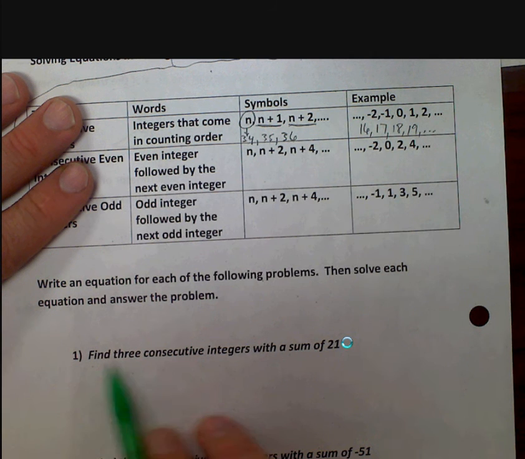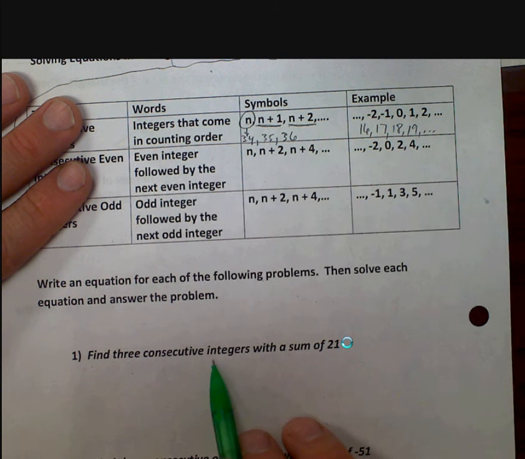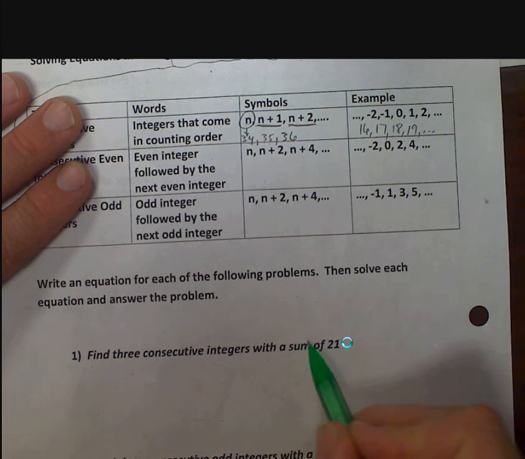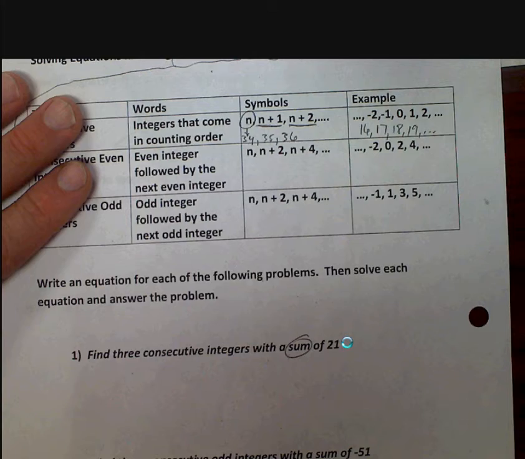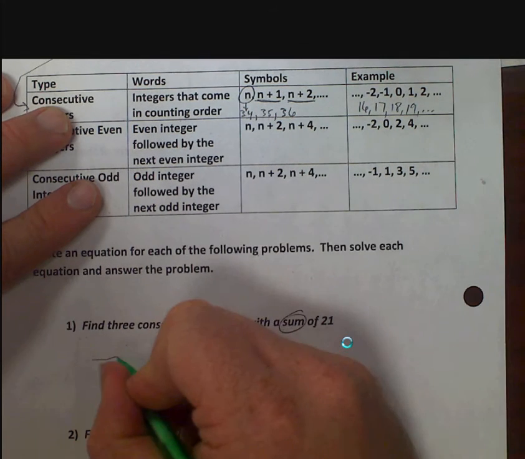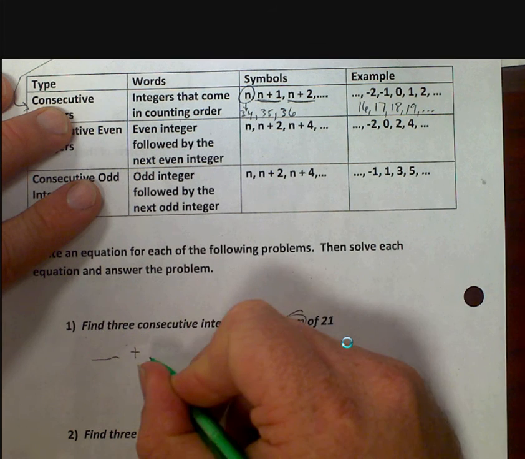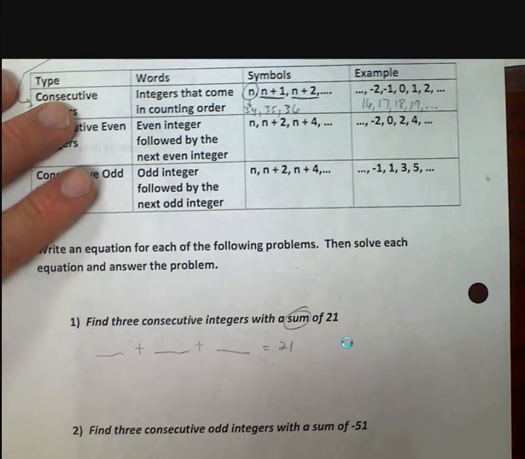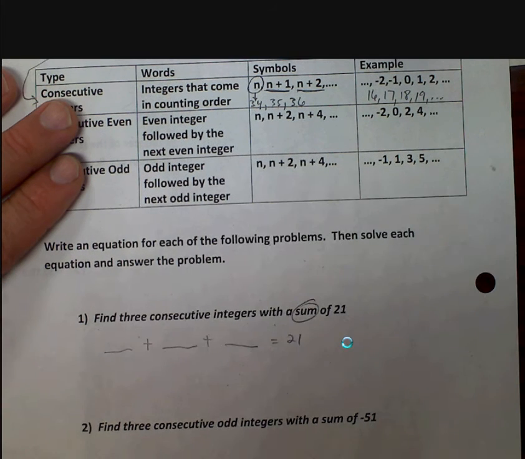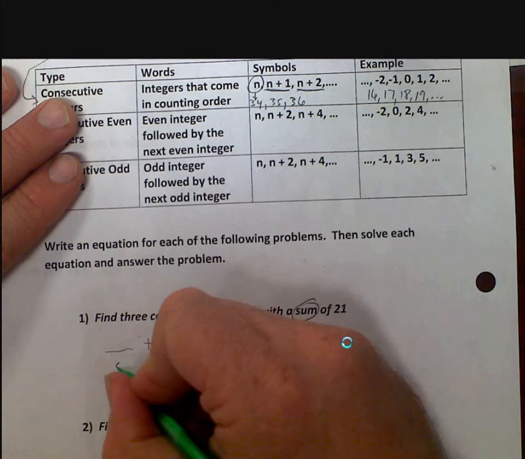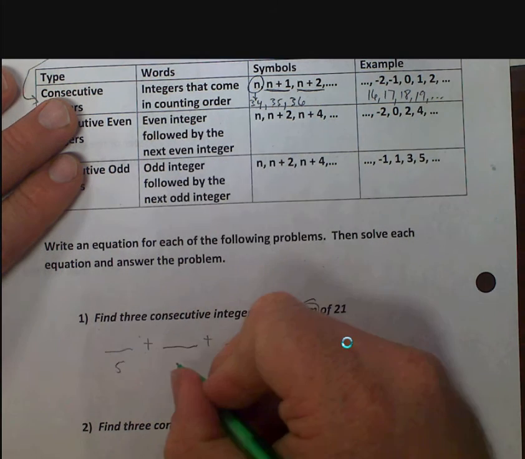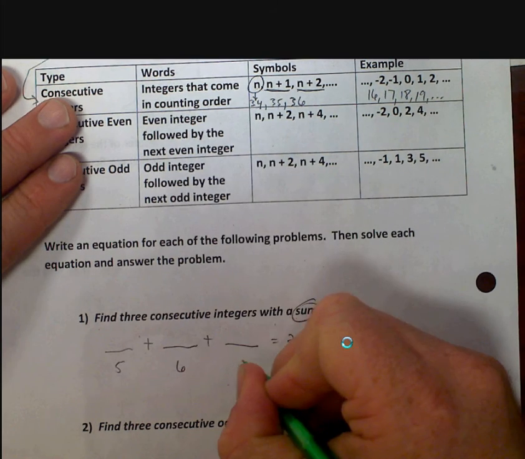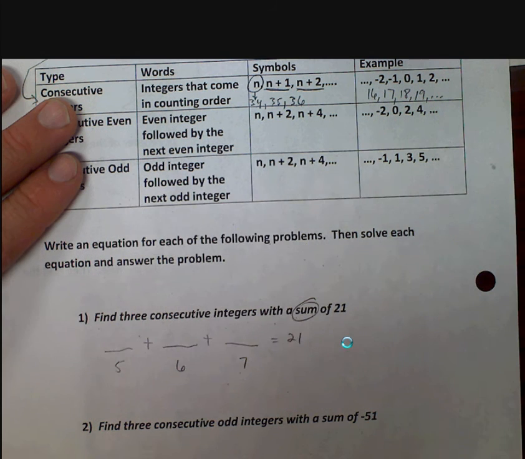Example 1 says find 3 consecutive integers with a sum of 21. Sum means to add. So I'm going to add 1 number plus 2 number plus 3 number, and this has to add up to 21. So let's go ahead and take an example again. If my first number is 5, my next number has to be 6, and my next number has to be 7.